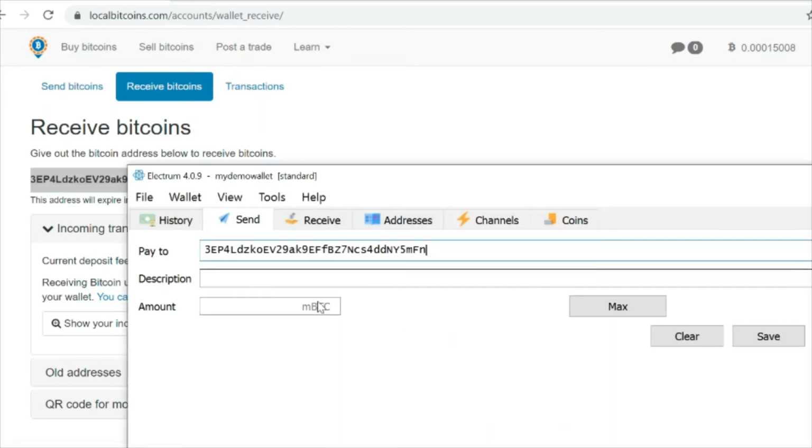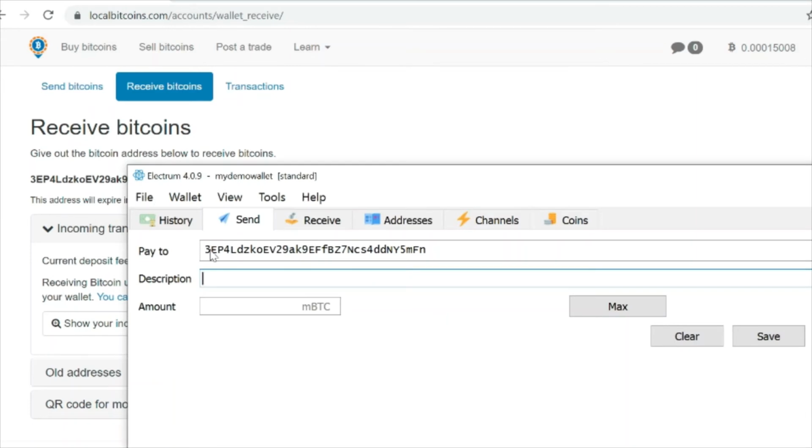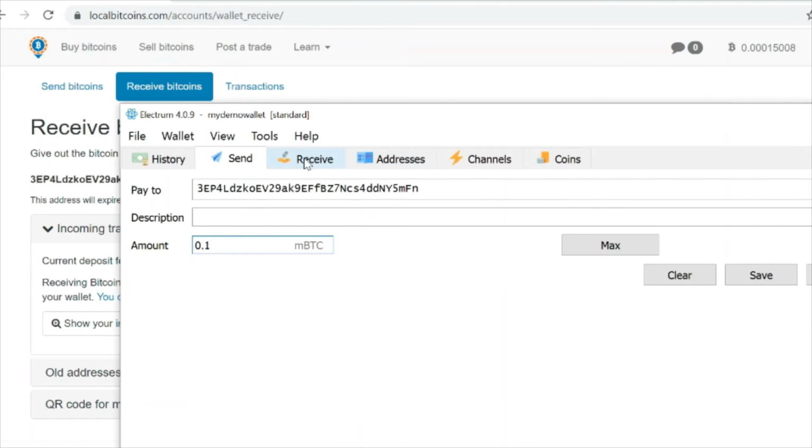So you can transfer to your exchanger so that you will be able to sell your Bitcoins, and then you enter the amount you want to send. I don't have any amount in this new wallet.